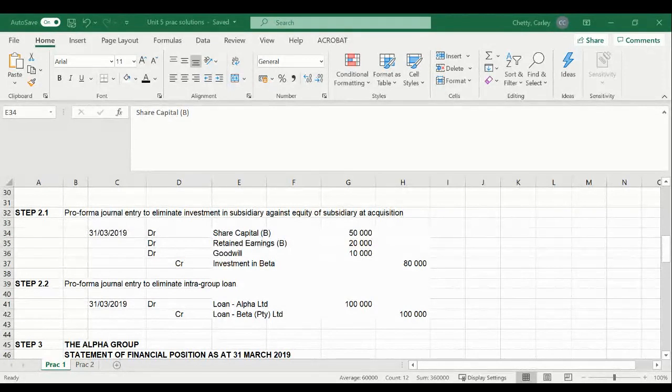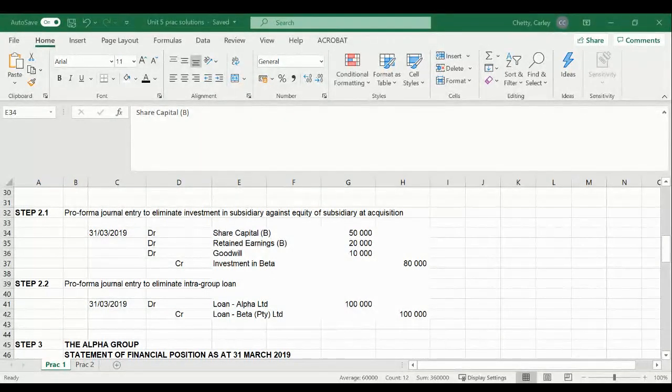Okay, so I've gone through the journal entries again as requested. Now that we have done the pro forma journal entries, the third required is to prepare the consolidated statement of financial position for the Alpha Group as at 31 March 2019.